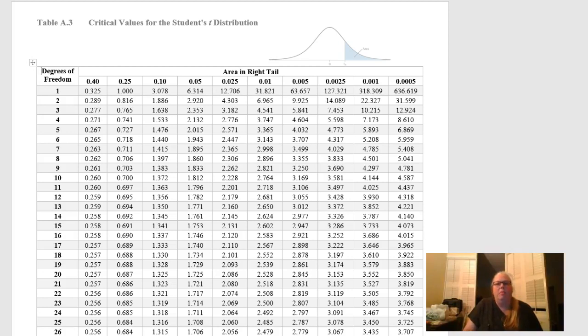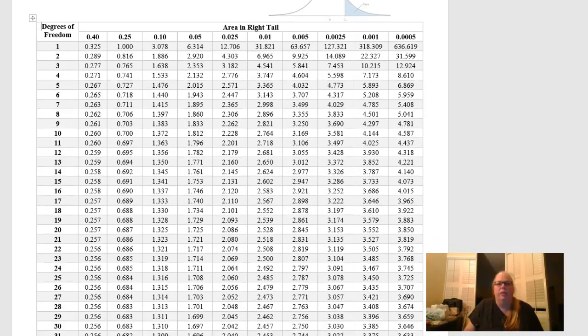So this is going to be my alpha level. This is the fourth column over. So I'm going to be in the column 0.05, and I'm going to go all the way down to the z-line to get my critical value.